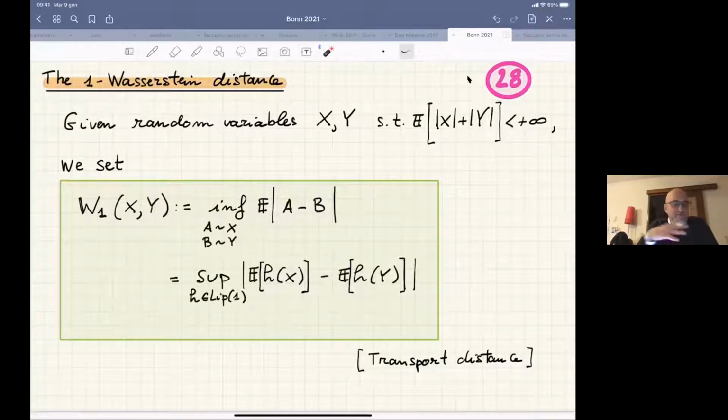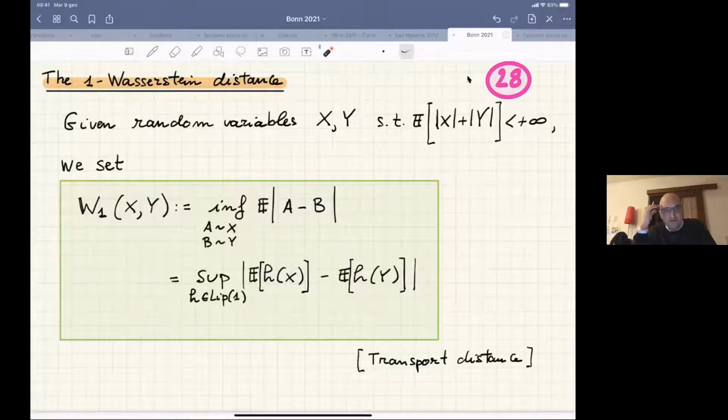What I'm going to tell you applies to other distances, like the Kolmogorov distance, and the total variation distance in some cases. But this one, for several reasons, is easier to apply without having to specify a number of technicalities.